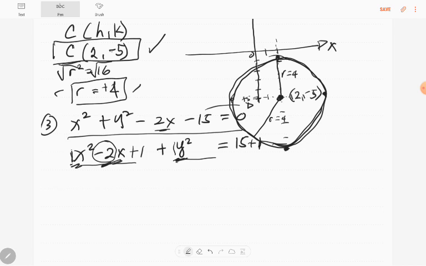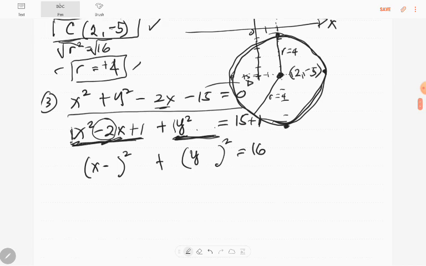Okay? Now, here, there's no second term, there's no third term, right? So we'll just factor this in such a way that you will have the form (x minus h) squared, plus the form (y minus k) squared, equals 16 on the other side, because of 15 plus 1.